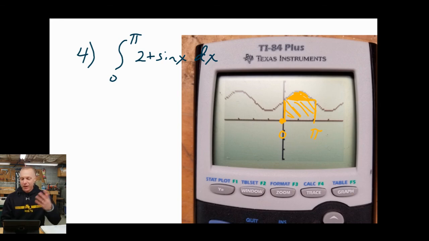So a little tricky here for the first problem, but you're going to take what you know and connect that to that rectangle that I showed you, and you're ready to go. All right, so problems 4 through 9 as an exit ticket.